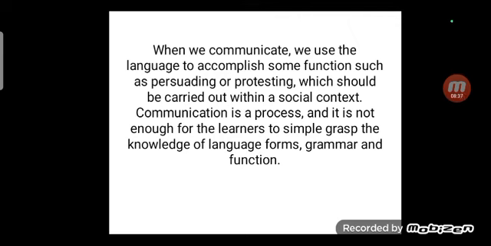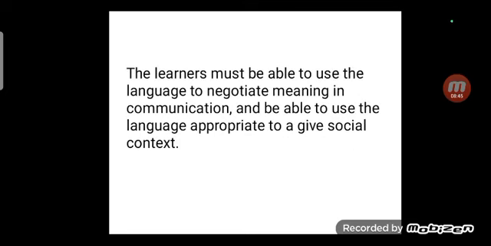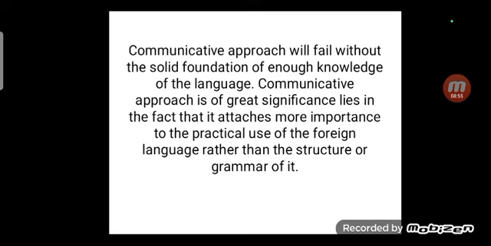Communication is a process, and it is not enough for the learners to simply grasp the knowledge of language forms, grammar, and function. The learners must be able to use the language to negotiate meaning in communication and be able to use the language appropriate to a given social context. Communicative approach will fail without the solid foundation of enough knowledge of the language. Communicative approach is of great significance in the fact that it attaches more importance to the practical use of the foreign language rather than the structure of grammar of it.